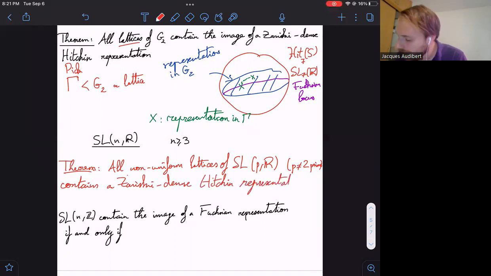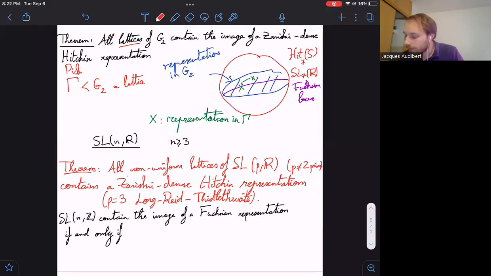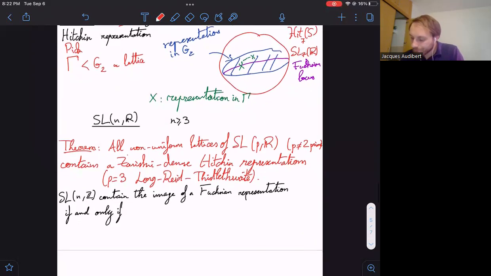So this generalizes the case p equals 3 that was done by Long, Reid, and Thistlethwaite. And I mentioned it earlier, and basically I can prove SL5R, for example.